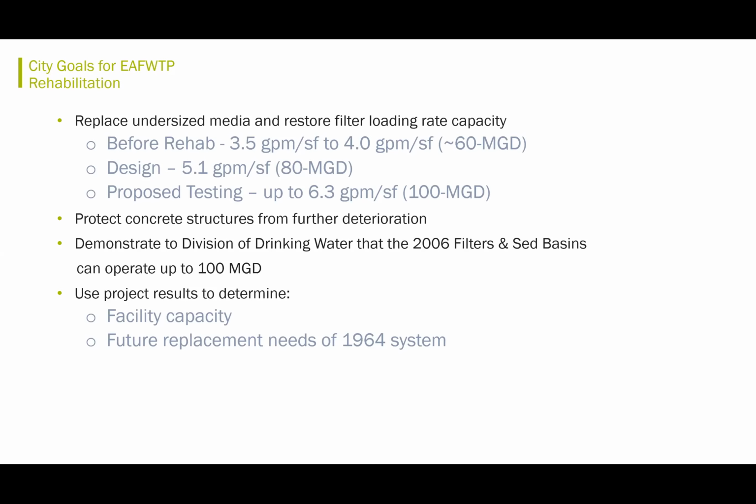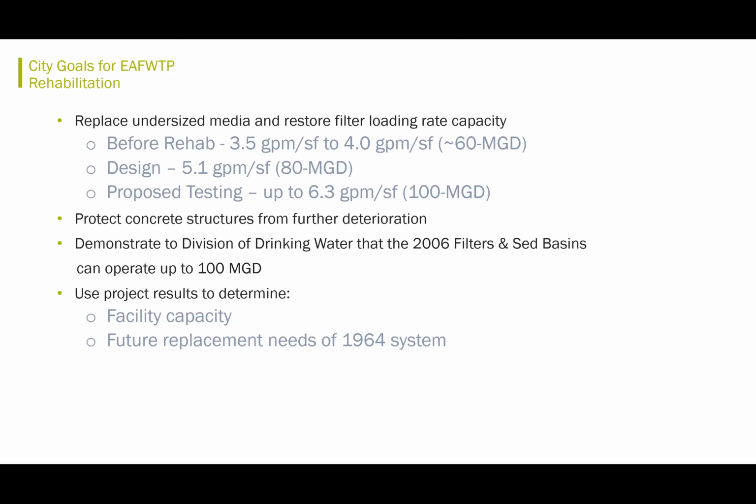And so we're getting about 3.5 to 4 gallons per minute per square foot, and the original design was 5.1 gallons per minute per square foot, and they're planning on testing the facility up to 6.3 to see if they can get 100 million gallons a day through those 8 filters.